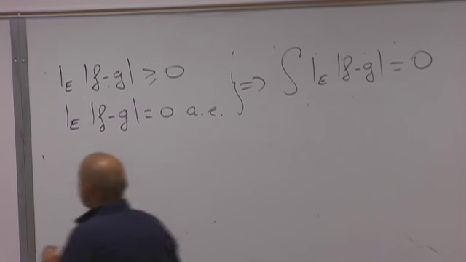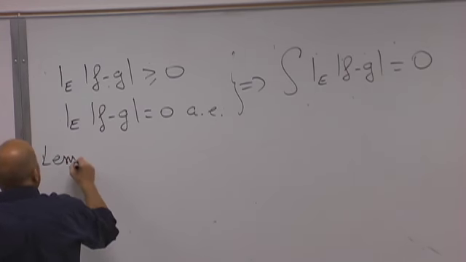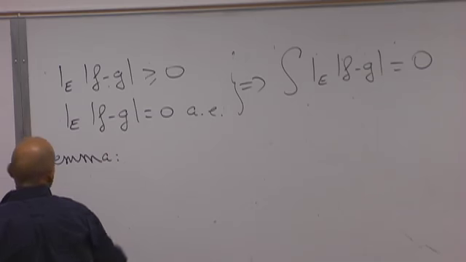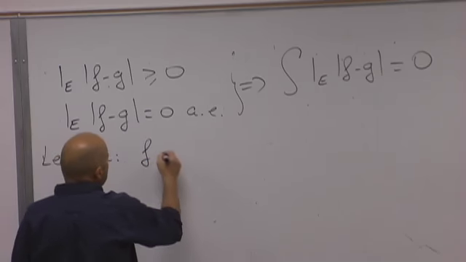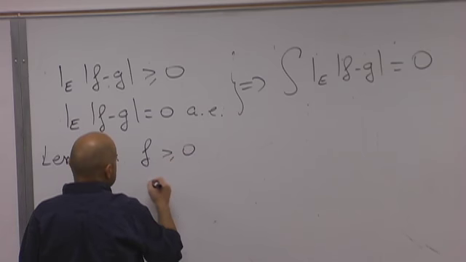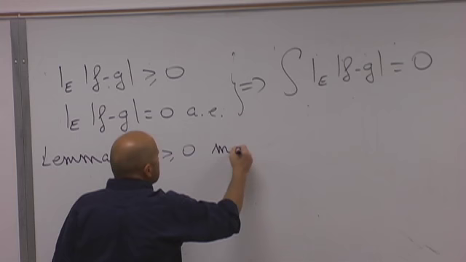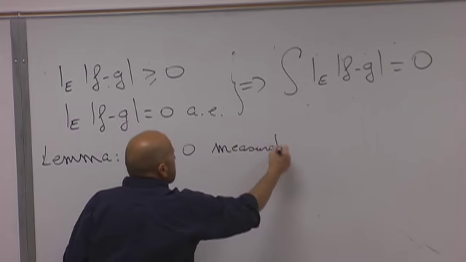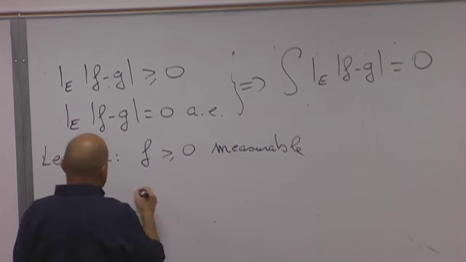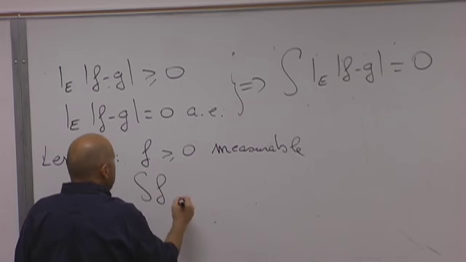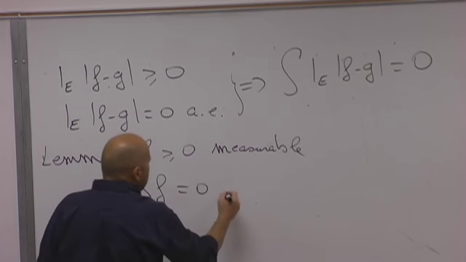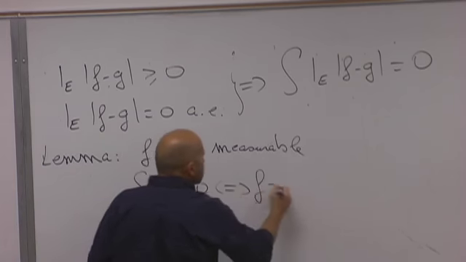So the lemma that we proved last time, not last time, but the time before, is that if f is measurable and positive, then we have the following equivalence: the integral of f is 0 if and only if f is 0 almost everywhere.